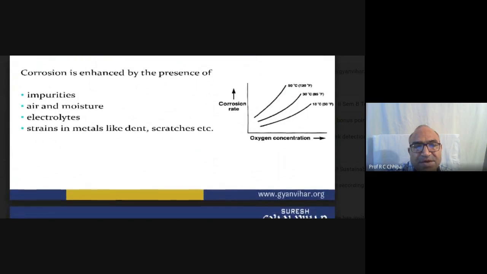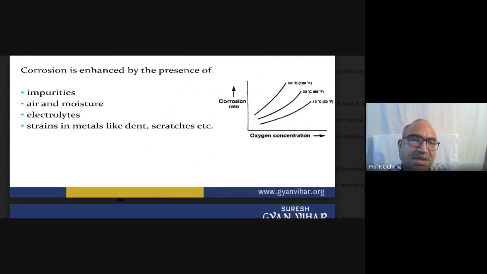What are the factors affecting? The main thing is that the corrosion rates are increased. The corrosion is enhanced by the presence of impurities. If any impurity is present in the compound, definitely the corrosion rates are increased.